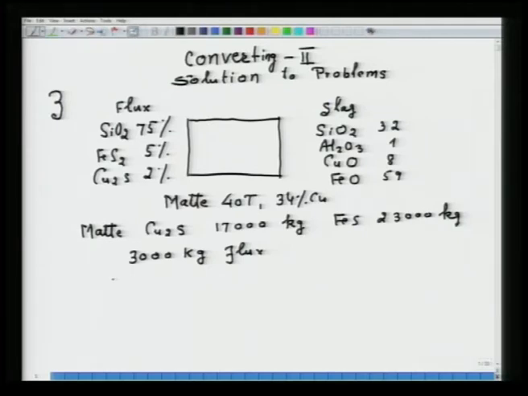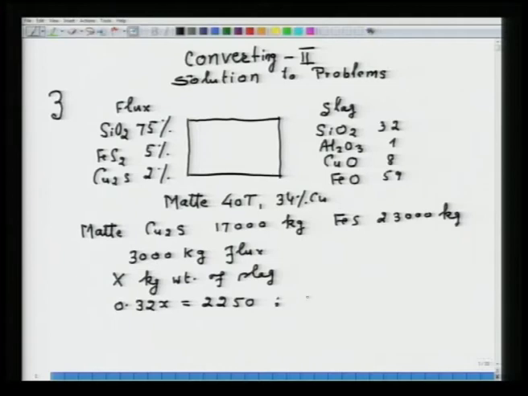Now, let us say x kg is the weight of slag. Then 0.32 x is equal to 2250, that is SiO2 in flux, it will go to SiO2 in slag.